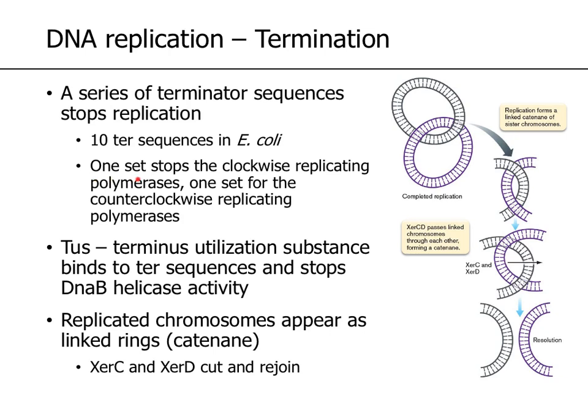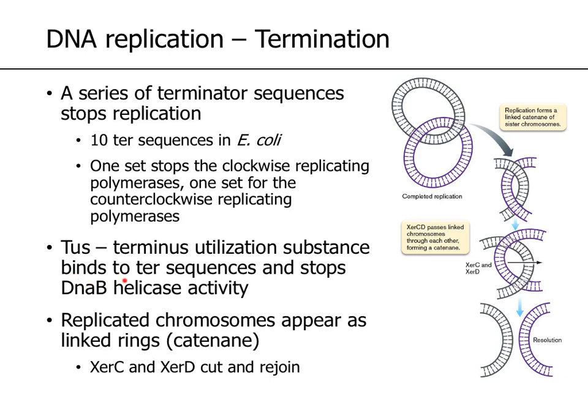And then, because one is going this way and one is going this way, it'll have 2 sets of sequences so that one will read in the clockwise direction, one will read in the counterclockwise direction. There's also these TUS sequences, the terminus utilization substance.